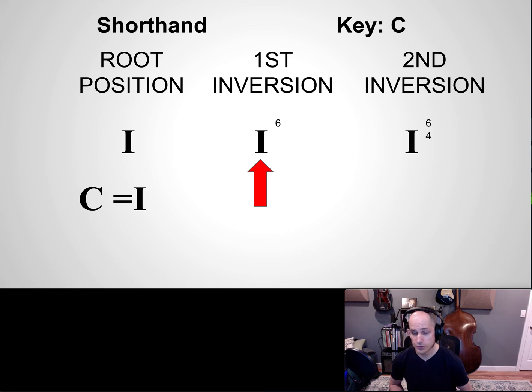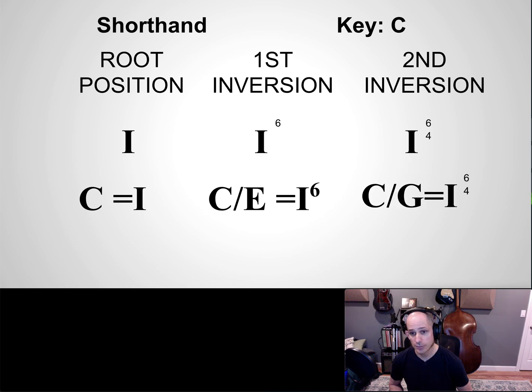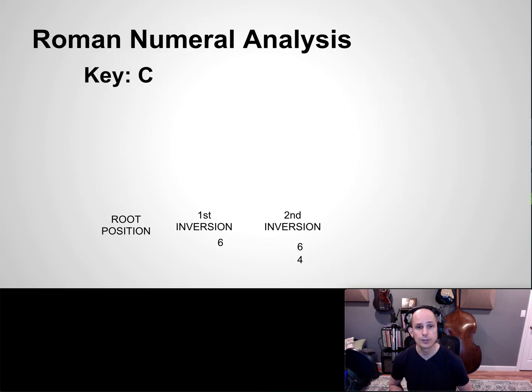Still a 1 chord, it's still a C chord, but the note in the bass is the 3rd, which is the E. So that is a C over E chord. That's a 1-6 chord in the key of C. And in this example, I see 1-6-4, which means I'm in second inversion. That means that the 5th is in the bass, so that means C over G is the 1-6-4 chord.